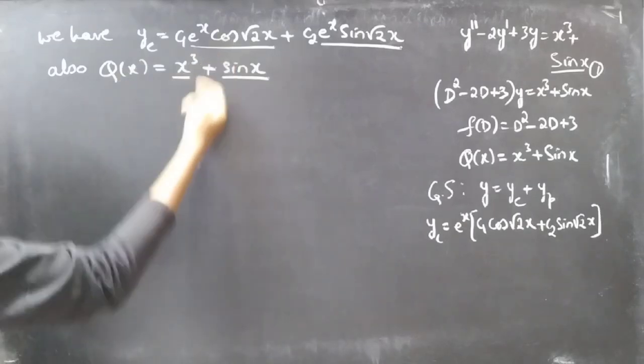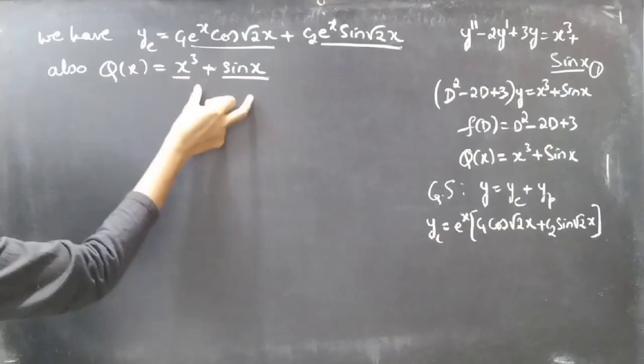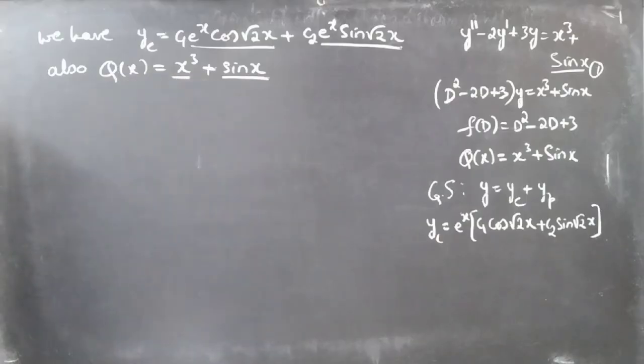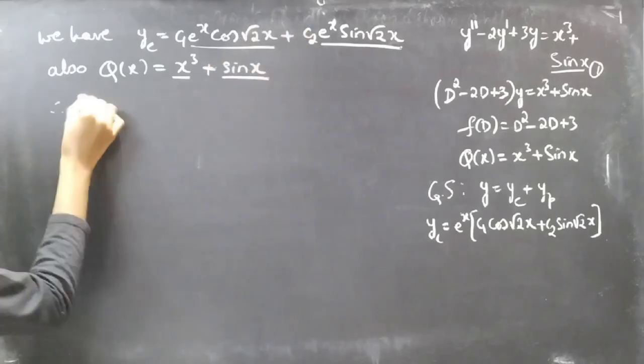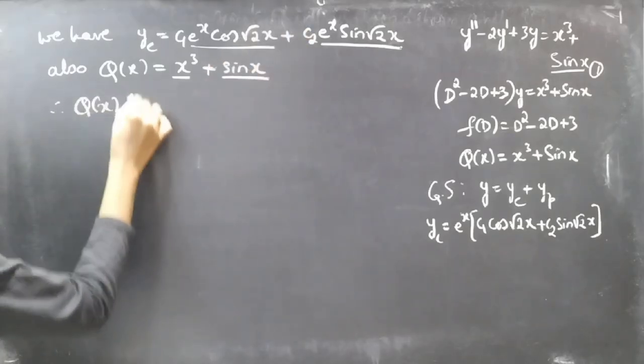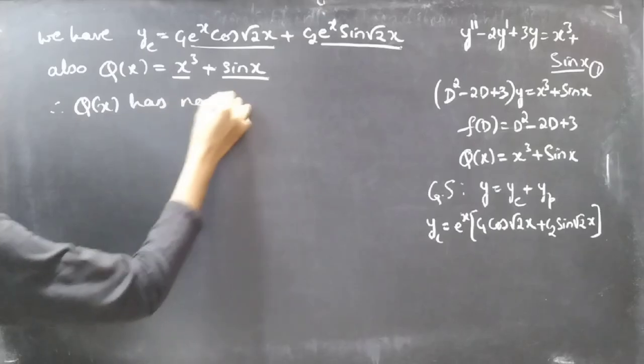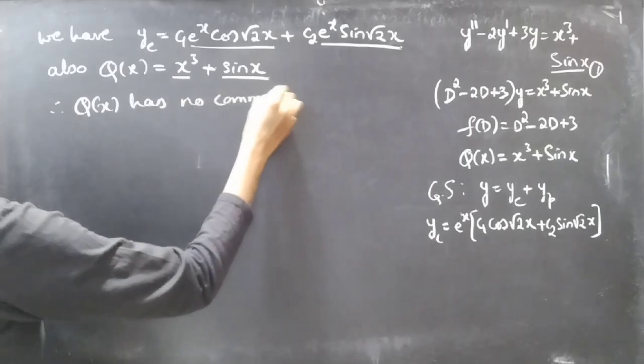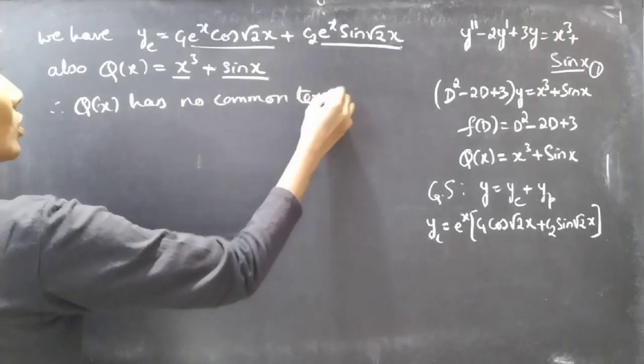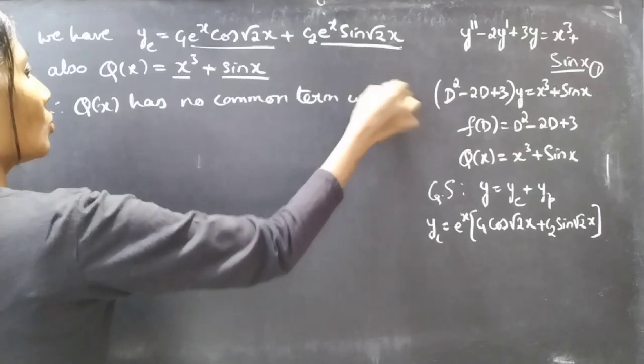So by observing these two, we can say that no terms of q of x are common with terms of yc, right? Therefore, q of x has no common term with yc.